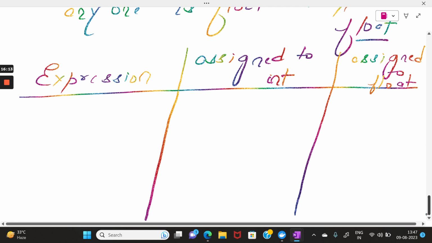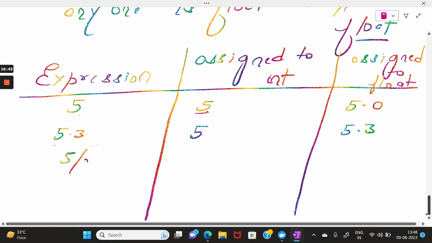So we have this 5. This 5 will be assigned to int, like 5. Now if you want to explicitly assign it to float, you need to specify it as 5.0. Similarly, 5.3, if you are typecasting it into an int, will be 5, and in float it will be the entire thing, 5.3.